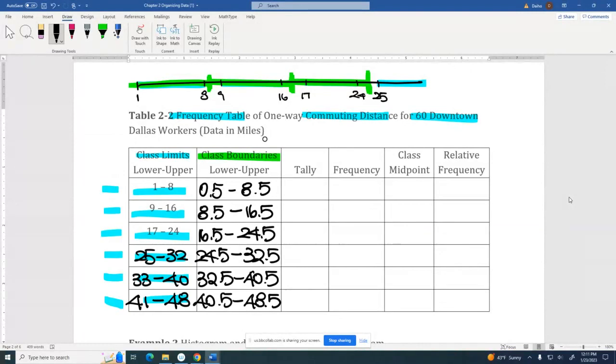Because when we got 8 for the class width, we rounded up, so always we have enough space. It's all numbers from the minimum to the maximum. So the very first one is the class limits, and the second one, no gap, is the class boundary.